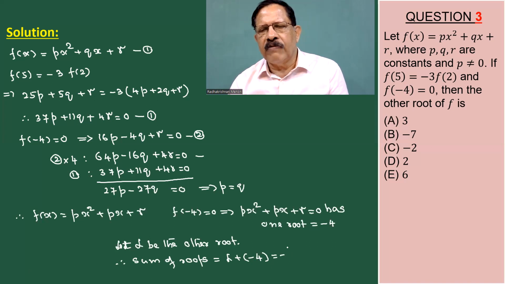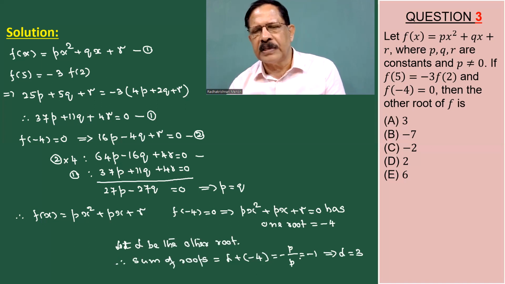Minus coefficient of x divided by coefficient of x squared. Both are p, which is equal to minus 1. So you are getting alpha minus 4 equals -1. When it goes to RHS, it will be plus 4 minus 1, which is equal to 3.